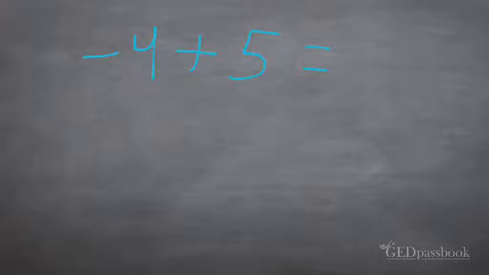So what's 5 minus 4? Or what's the difference between 4 and 5? What's the sign of the bigger number? It's a positive, right? 5 is the bigger number. So you keep the sign, which is positive. You just leave it alone. You don't have to put a plus or anything. 1 is the answer.